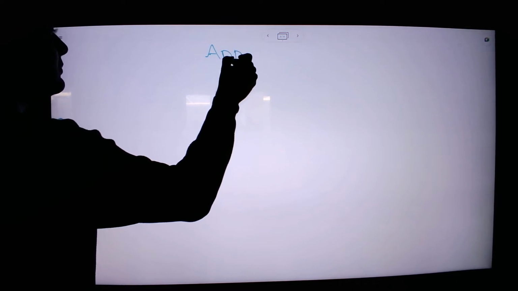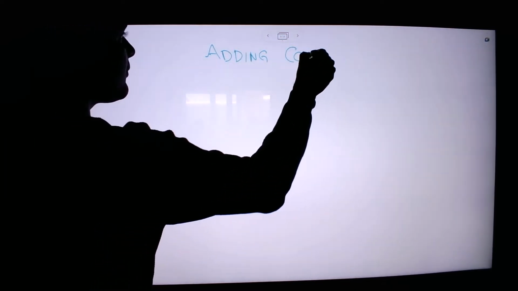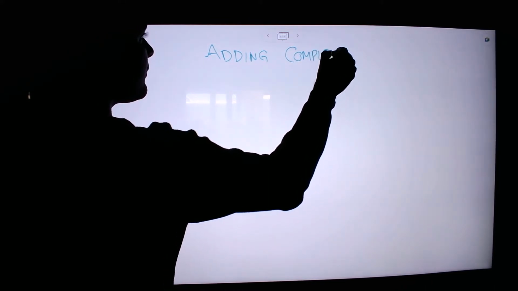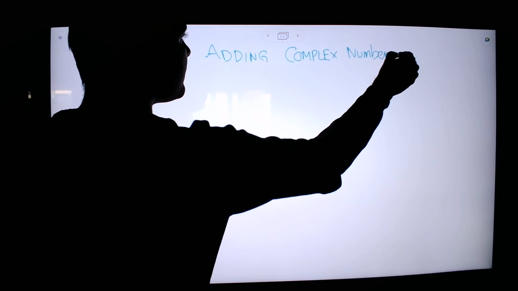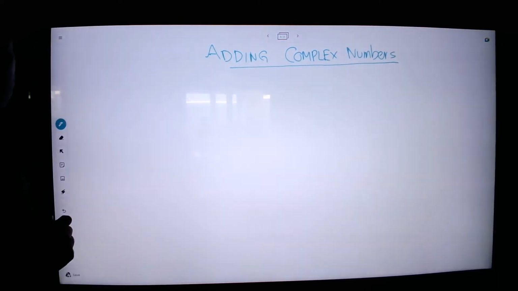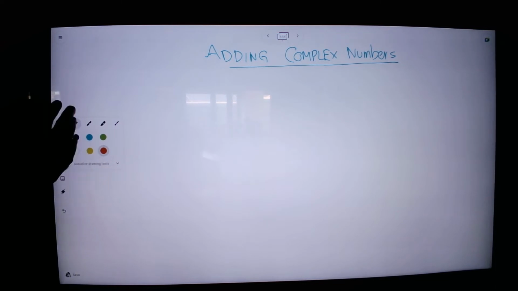Now how do we add or subtract complex numbers? Okay, let's see, if you want to add complex numbers, I've got two complex numbers.